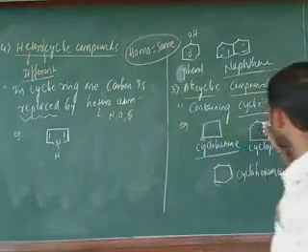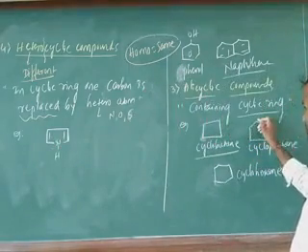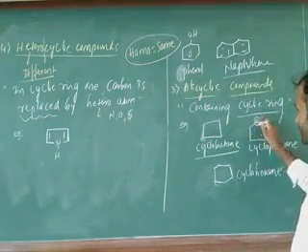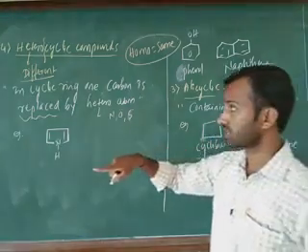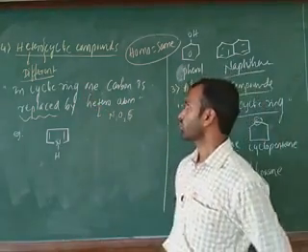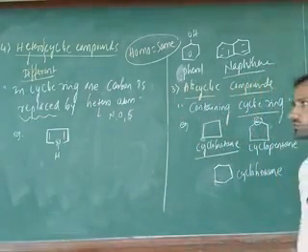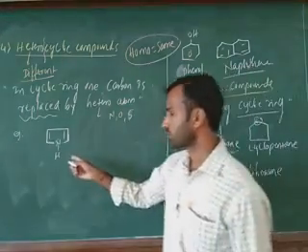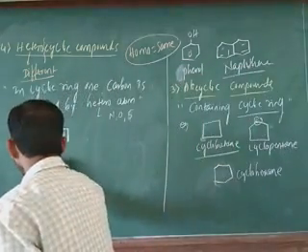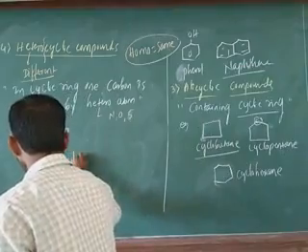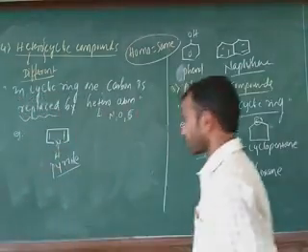Here they replace this carbon atom by a nitrogen atom. That's why in a cyclic ring, one carbon atom is replaced by a heteroatom. The name of this one is pyrrole.